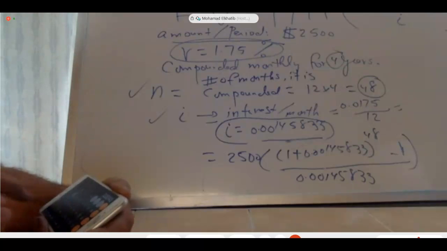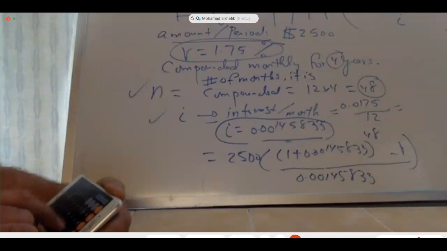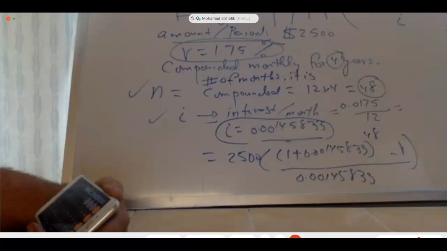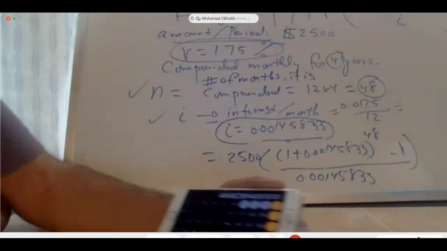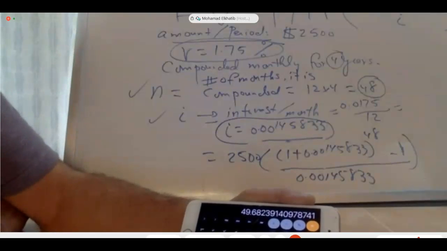Quick question. Did you divide before you subtracted 1? No, I subtract 1, then I divide it. Okay. So if you got 49.68, something, you're in business.